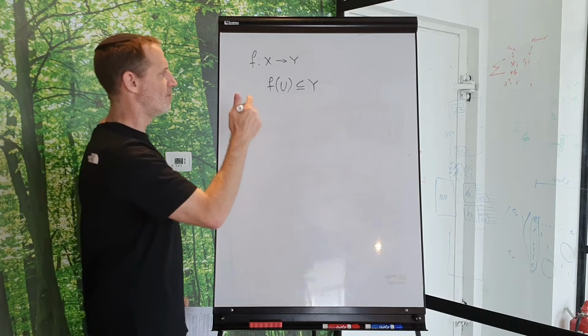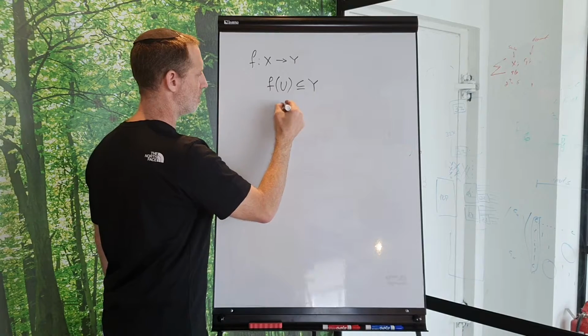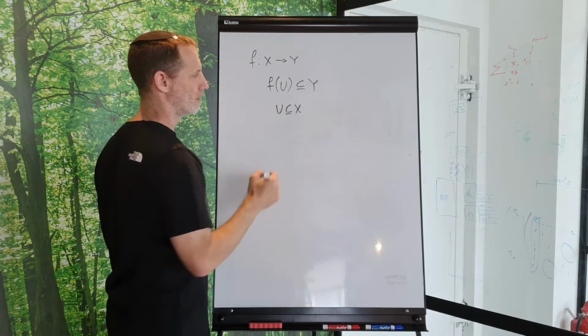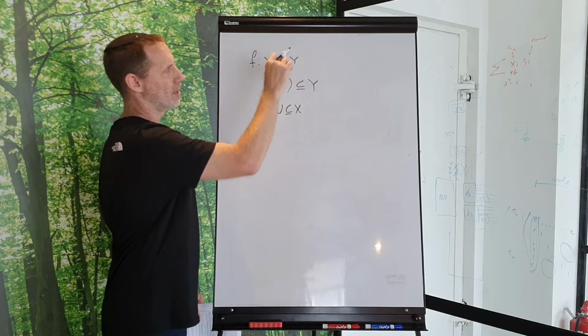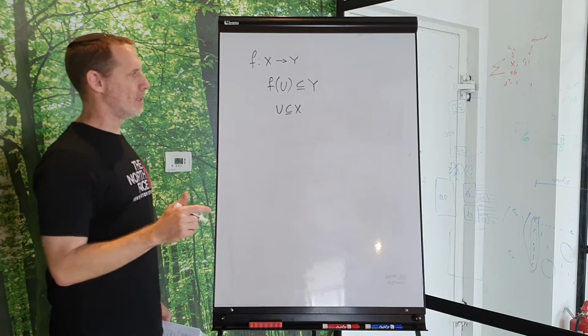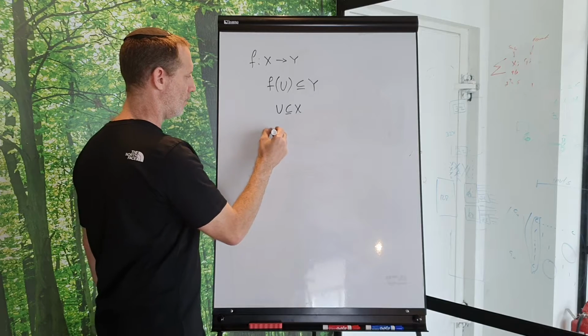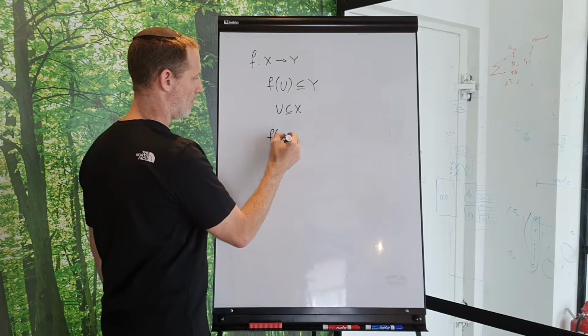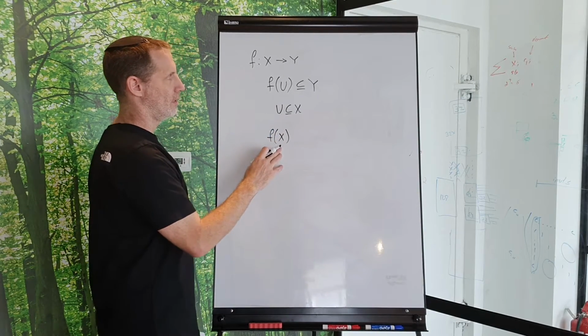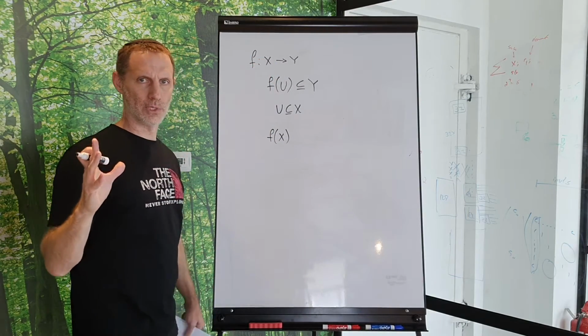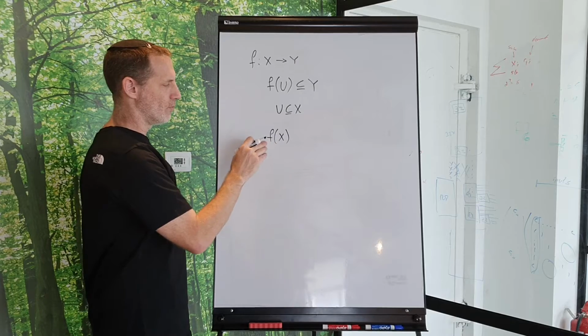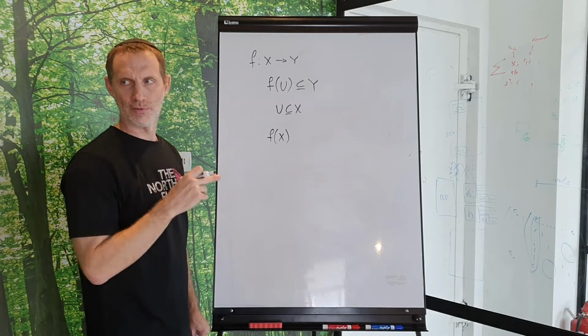Obviously we're assuming that U is in X. But when we talk about the image, we're always talking about a subset of Y. And we usually call F of X the largest image. We call that the range of the function.